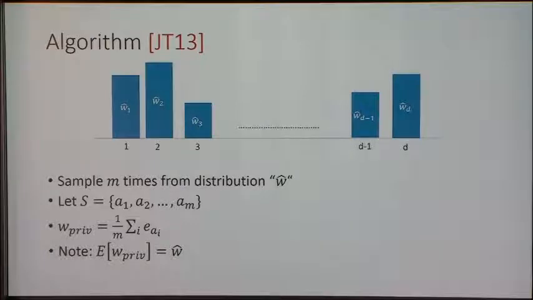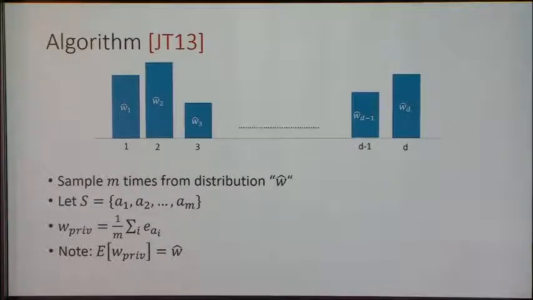So we'll have these m samples, and the estimated probability vector that we want to claim is differentially private is just given by the summation of the canonical vectors of these samples. Here e_i means the ith canonical vector, that is, it's 1 in the ith coordinate and 0 everywhere else. One immediate thing to note is that in expectation our private output is still the same as W hat.